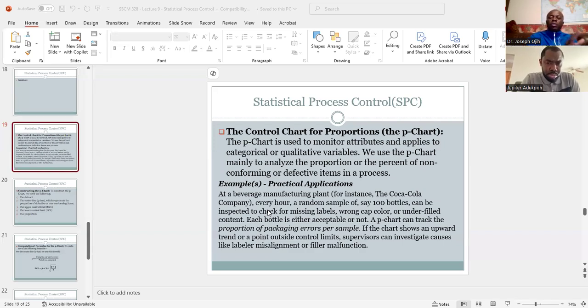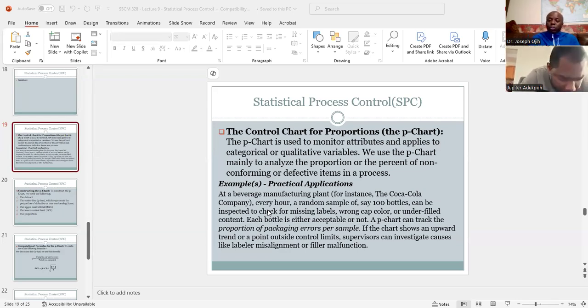For example, let me use a beverage company like Coca-Cola. Every hour, a random sample of about 400 bottles can be inspected for missing labels, wrong cap color, or underfilled content. So the bottle is either acceptable or not, but you can use a P chart to track the proportion of packaging errors per sample.